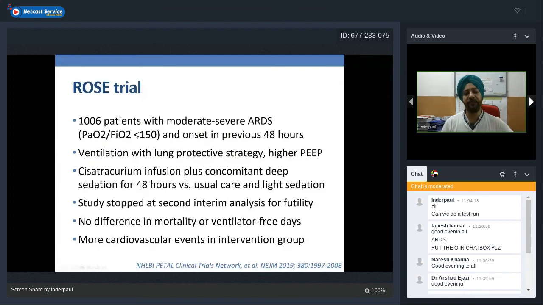So why was there a difference in the ROSE trial? Number one, it was stopped prematurely. Number two, the intervention group had more cardiovascular events. Number three, a deeper level of sedation was used in the control arm as compared to the previous trial. So these are certain differences from the previous trial.